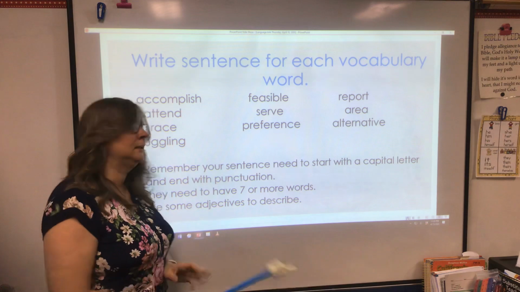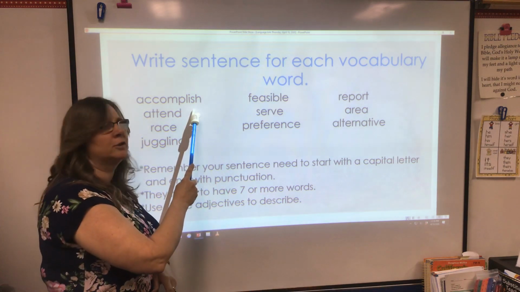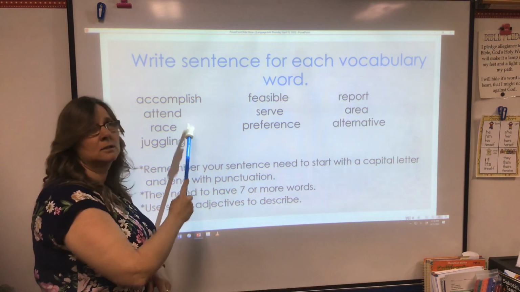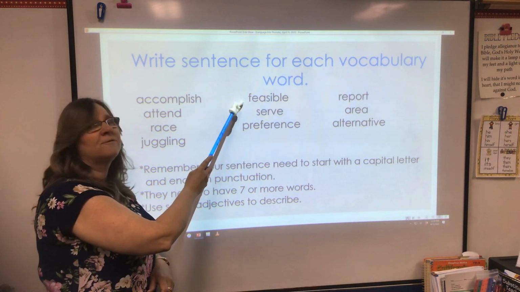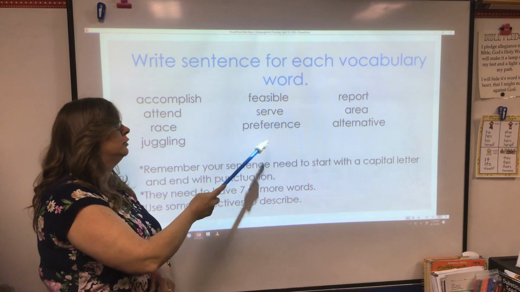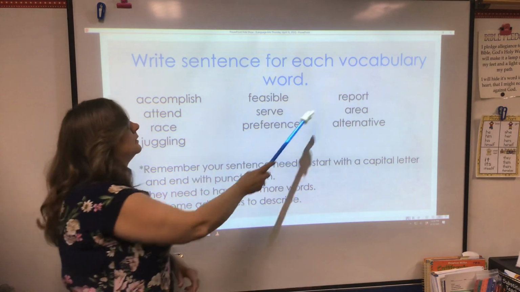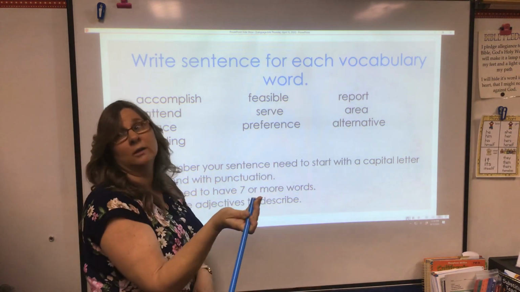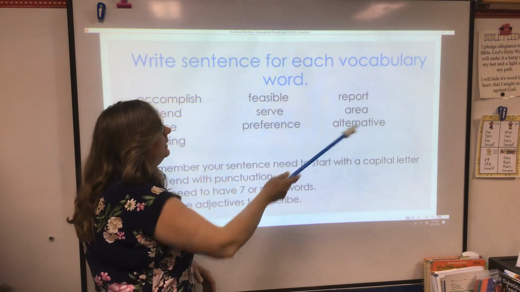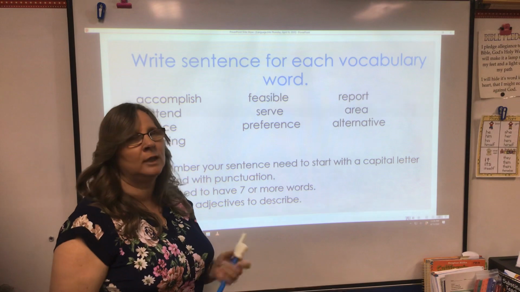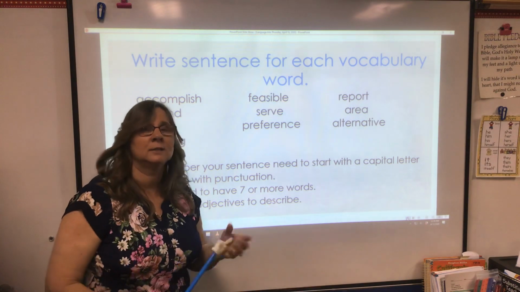So your words again are accomplish, attend, race, juggling, feasible, serve, preference, report, which you guys are working on right now, your bug ones, area, and alternative. So just write a sentence for each.